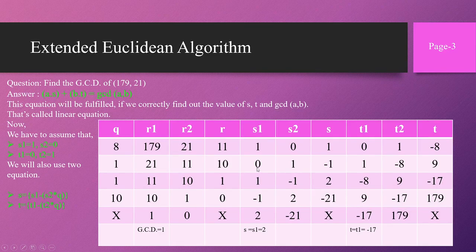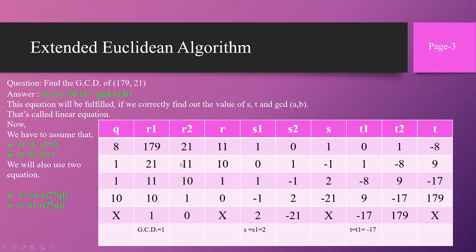Here S1 is equal to 0, 0 minus 1 into 1 is equal to minus 1. The value of T is equal to 9. So 1 minus 8 into 1 is equal to 1 plus 8 is equal to 9.